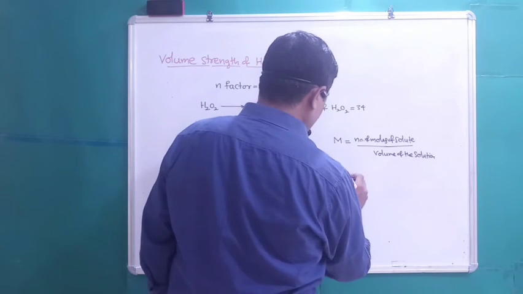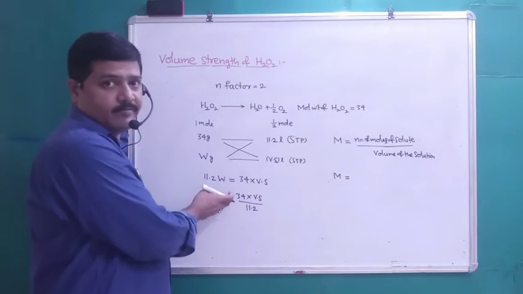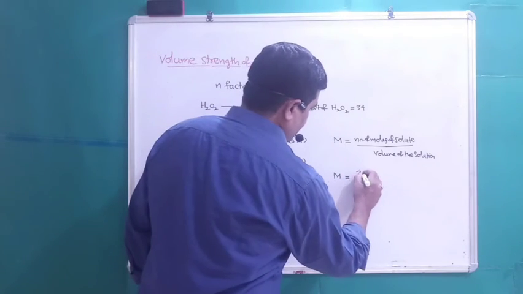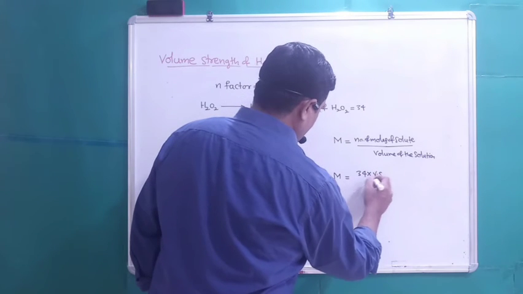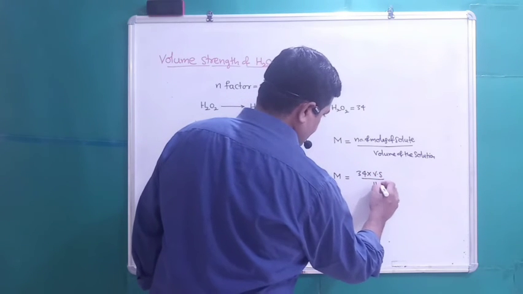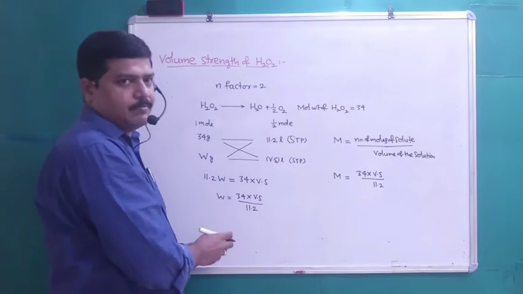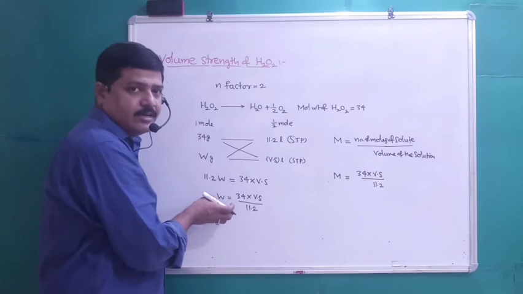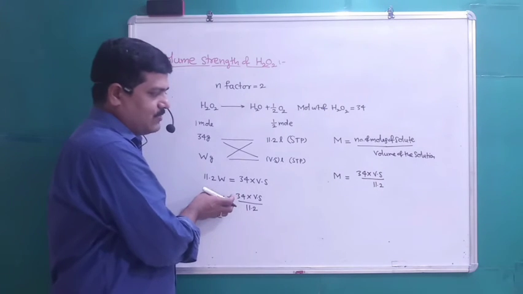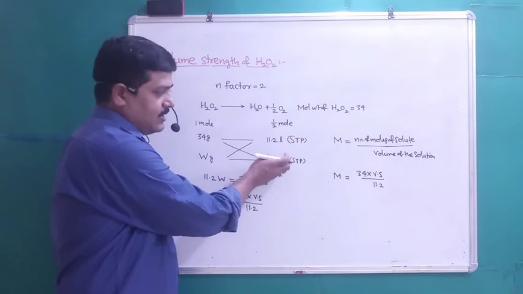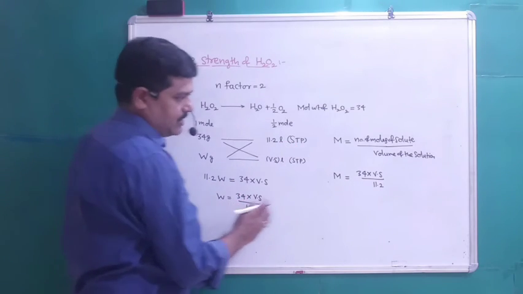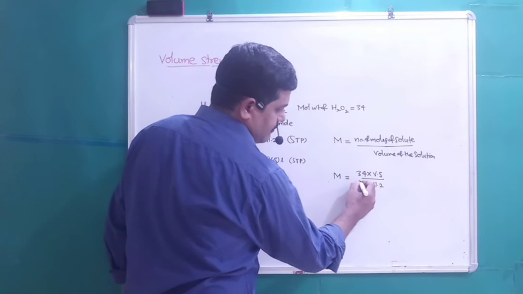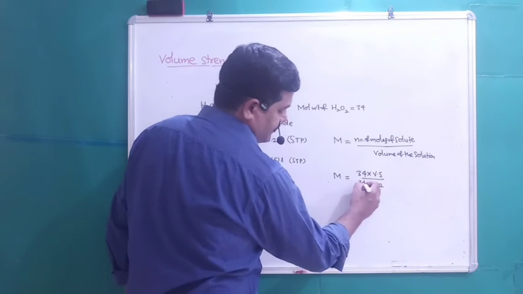Molarity M is equal to number of moles; given weight, that is the weight of H2O2, is 34 into volume strength divided by 11.2, and given weight divided by molecular weight will give us number of moles. This is the total weight of the H2O2 which gives this many volume strength liters of O2 gas at STP. So divided by molecular weight, again it is 34.